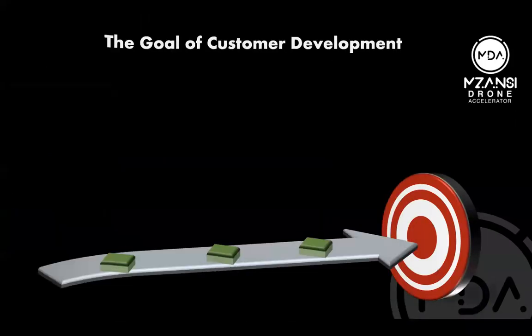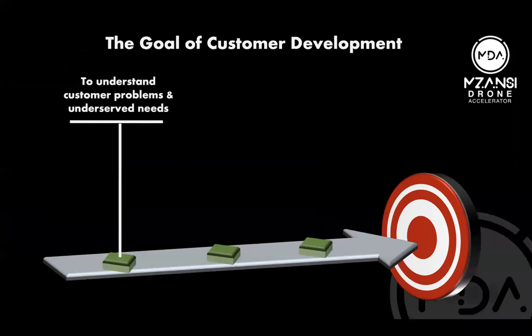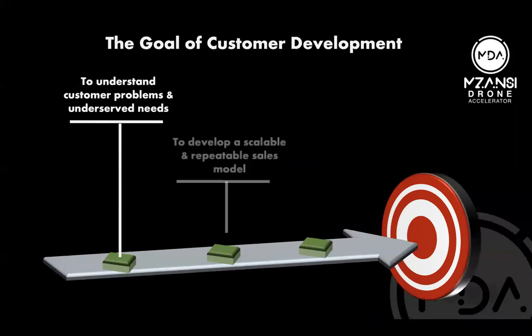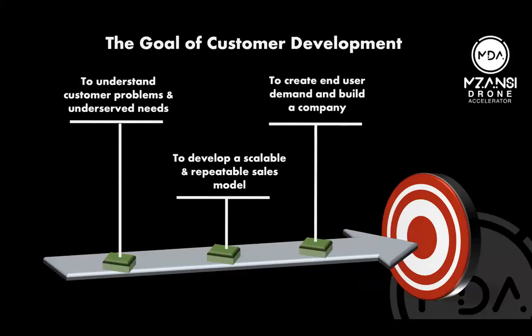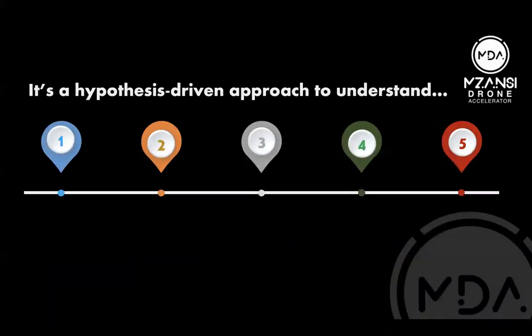Now let's get down to customer development and what is the objective of customer development? What is the goal? It's basically to understand the customer problem and their underserved needs, and also to develop a scalable and repeatable sales model, and to create end user demand and build a company. It's a hypothesis-driven approach, among other things, to answer 5 questions.